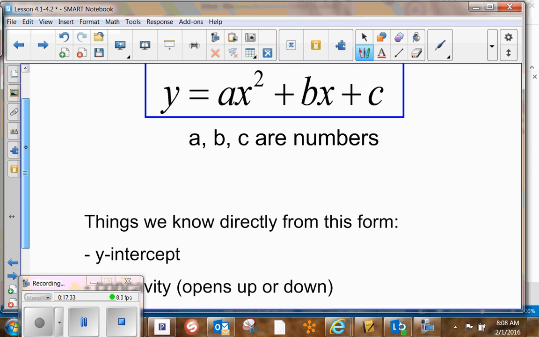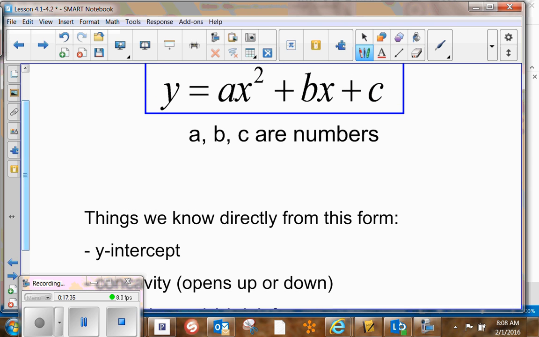The y-intercept. What is the y-intercept going to be on this problem? When you set your x equal to 0, what happens? This is a 0, and this is a 0. Those first two terms totally go away, right? So you know that your y-intercept is sitting right out here staring at you. That C will always be your y-intercept.